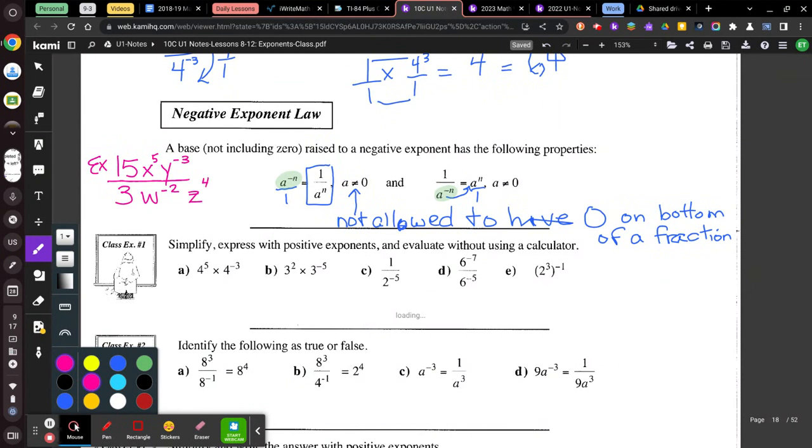Okay, so let's say that's my situation. So I've got lots of letters, some on top, some on the bottom, and I've got negatives. Okay, devices away, you need to focus for a moment. This is the challenging stuff you're going to see.